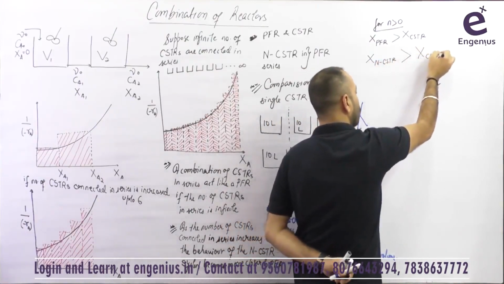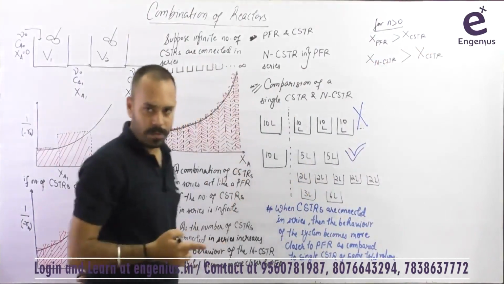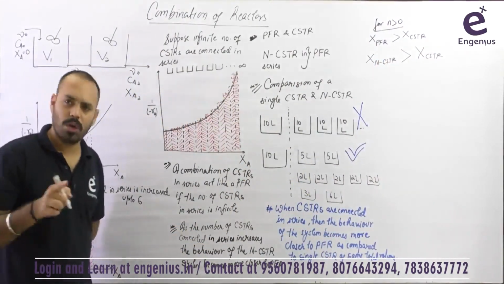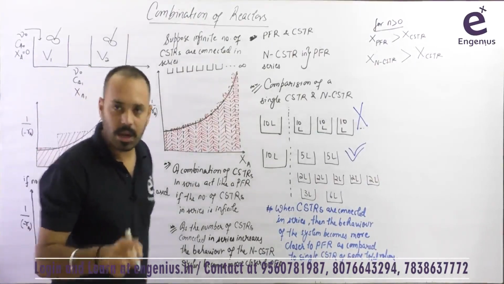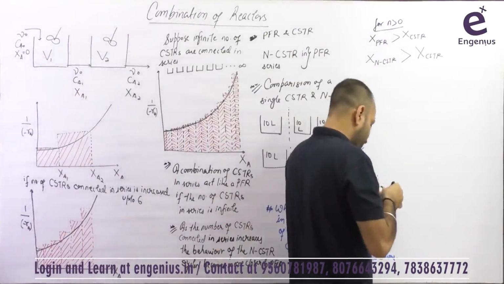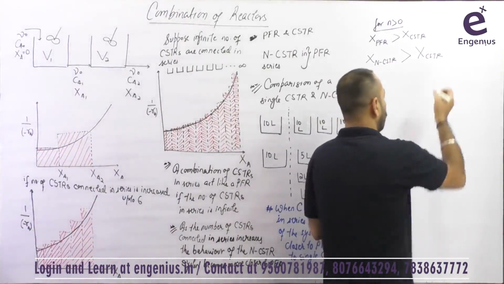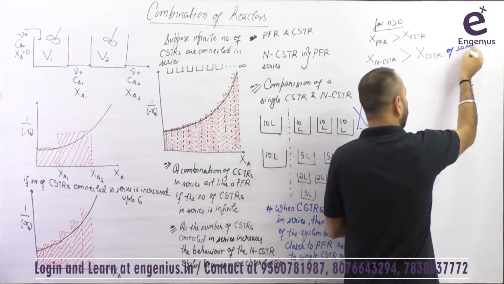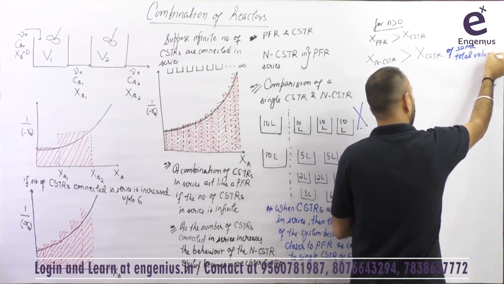So that is the result. If order is greater than 0, then CSTRs combined in series are definitely going to have more conversion than a single CSTR of the same total volume. This point is important here, so don't miss it.